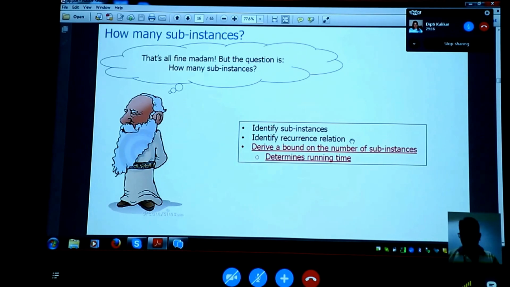So we have to derive a bound on this now. That's the main thing of dynamic programming. We have identified the sub-instances, we have written down the recurrence relation, we have done the memoization, fantastic, but now bound the number of sub-instances. Okay, so let's get into that.